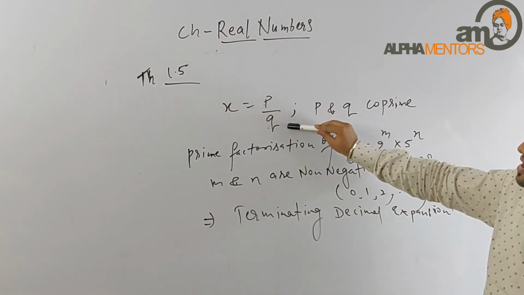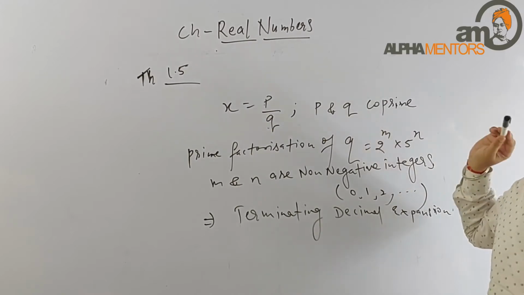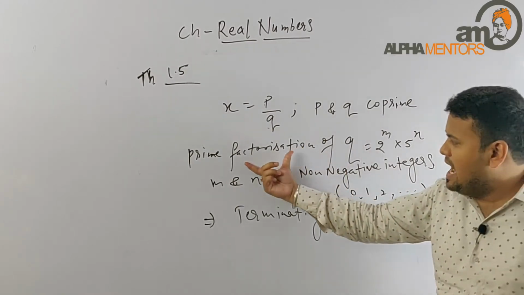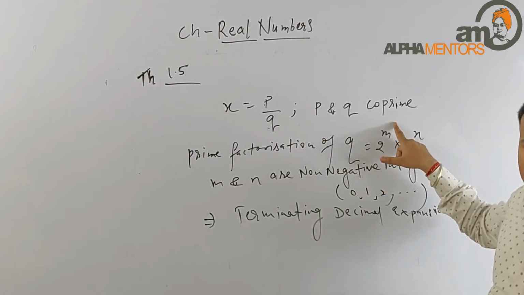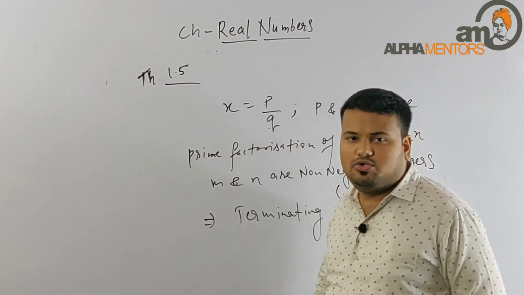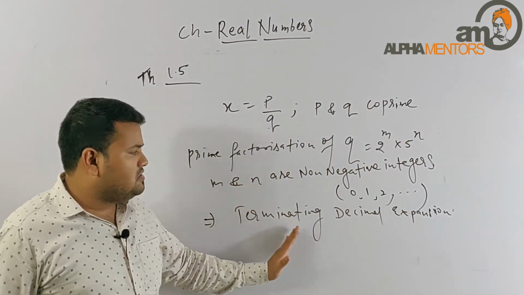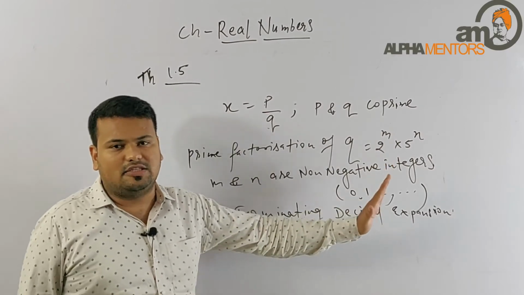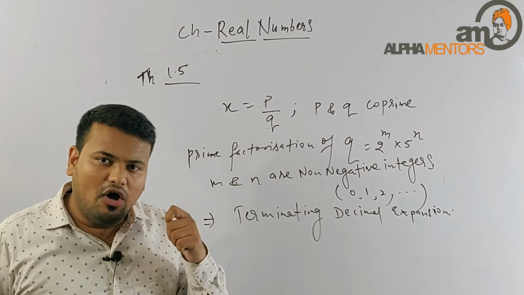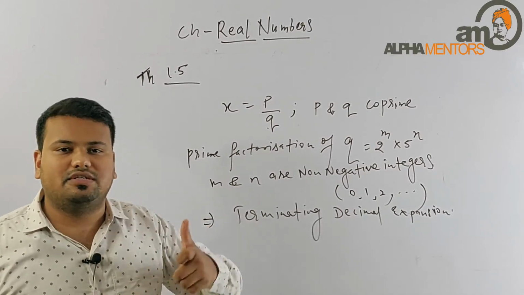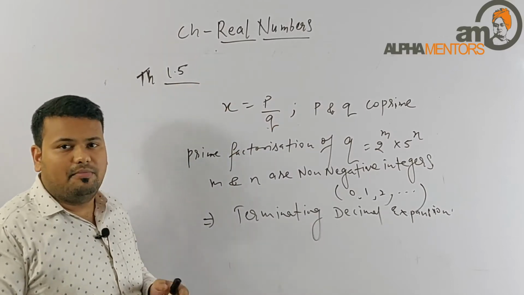That if any rational number of the form p by q, where p and q are co-prime, and the prime factorization of the denominator is of the form 2 to the power m multiply 5 to the power n, then the given expression has a terminating decimal expansion. Is it clear? How to get it and how it will work, that we will discuss in some questions. Okay students, so that is property number 1.5.